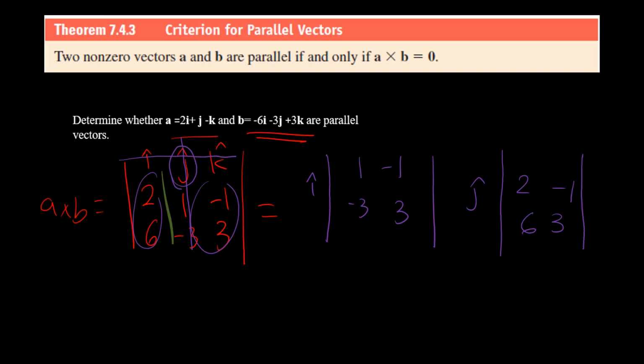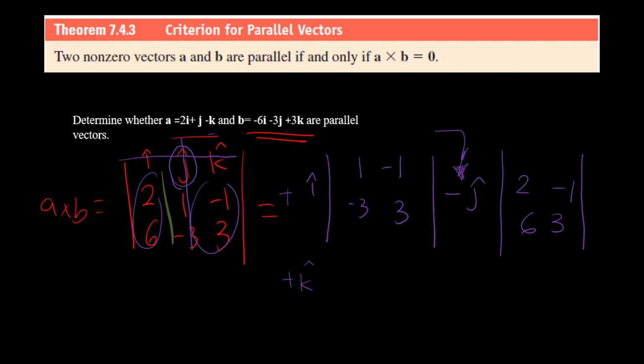Here it is important that you put a negative, because the signs alternate: positive, negative, and the next one will be positive. So make sure you remember that. Don't forget this negative. Or just to remember, you can put plus, minus, plus here.